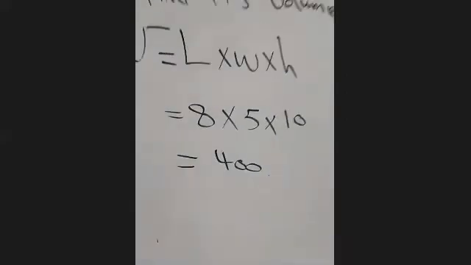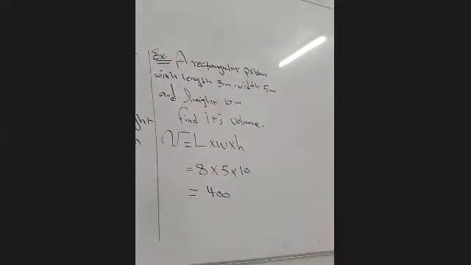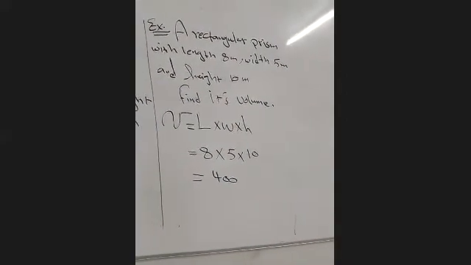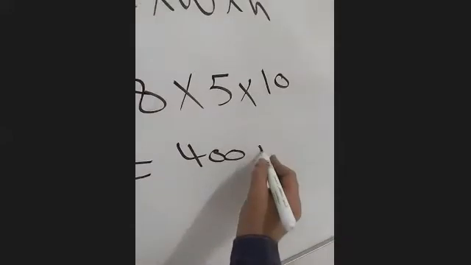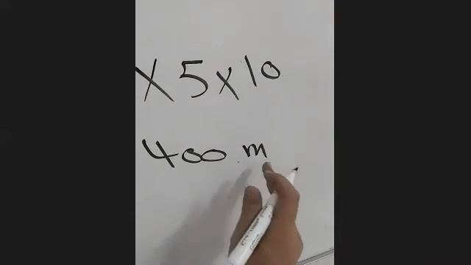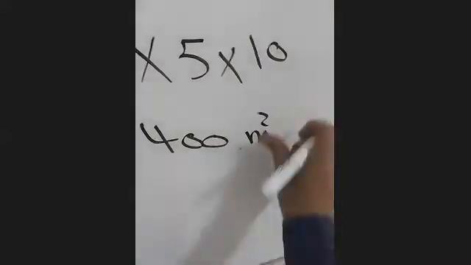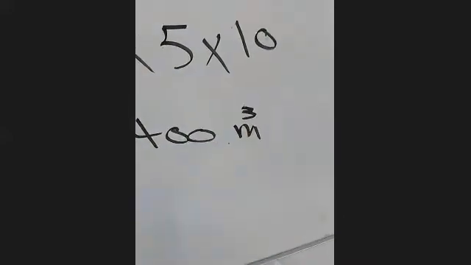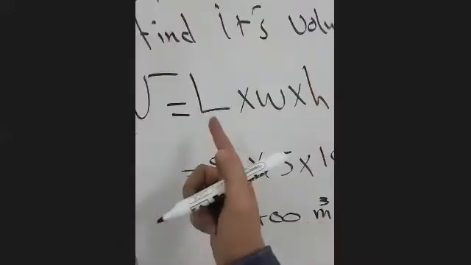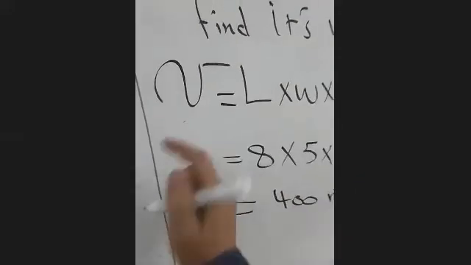400, what's the unit? M, meter, right? But not M power 2 like the area. No, it is M power 3. Why 3? Because I have 3 dimensions for the volume. Got it?